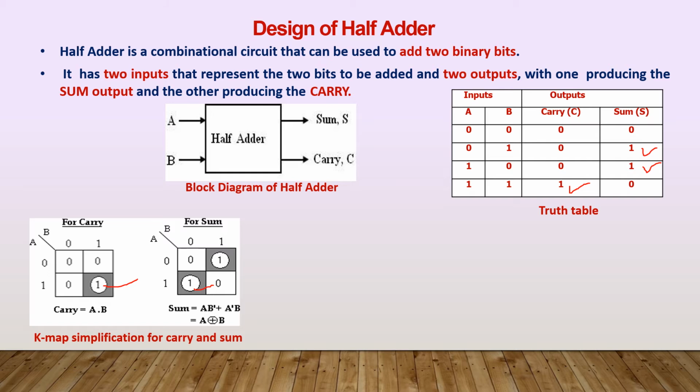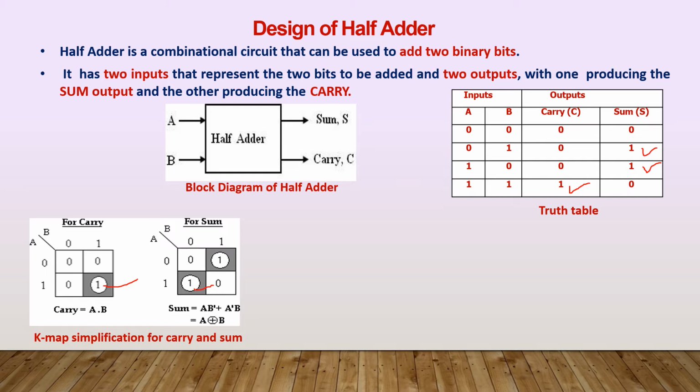Now we are going to write the min terms for group 1 as well as for group 2. First I am considering this group. What is the left-hand side? It is equal to 1, which corresponds to the variable A. And what is the topmost in that column? First column, it is equal to 0. As I told you, if it is 0, then it is the complement of the variable. What is the corresponding variable? It is B. So since it is 0, we consider it as B bar. So for this group, the min term is A B bar.